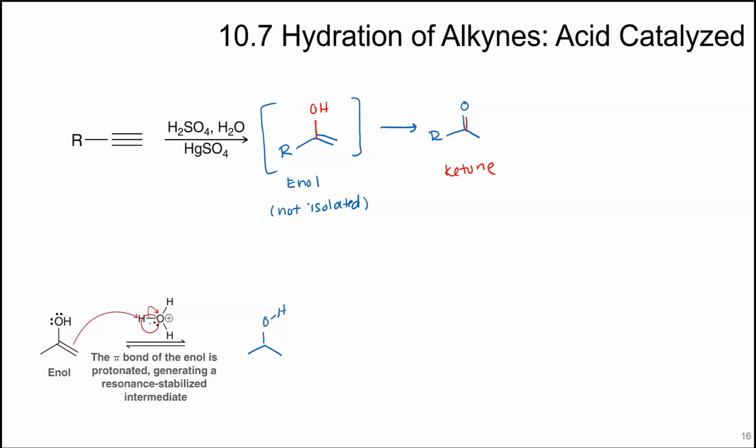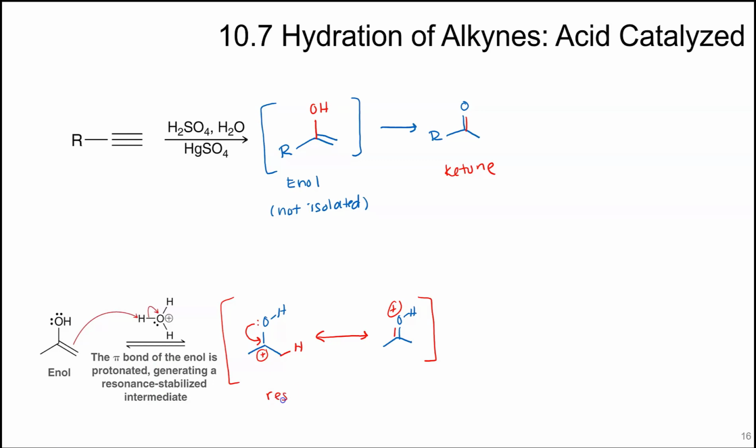When that double bond picks up the hydrogen, it adds to the carbon with more hydrogens. This becomes a carbocation. And this is resonance stabilized. You can imagine drawing these electrons to here, and we form this double bond here, and the positive is now on the oxygen.